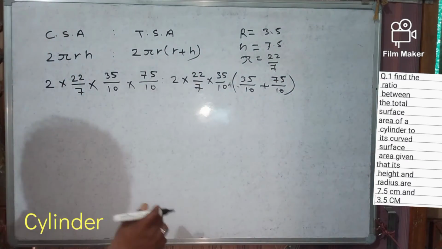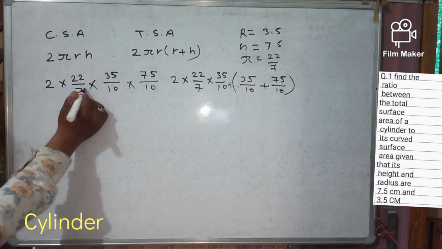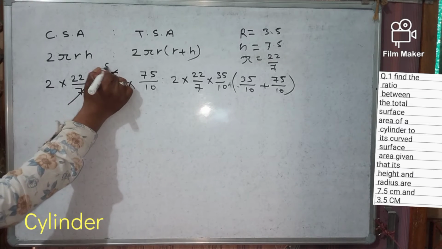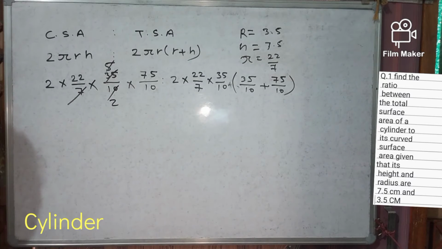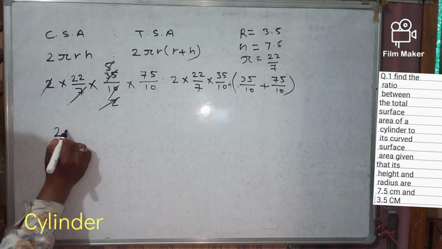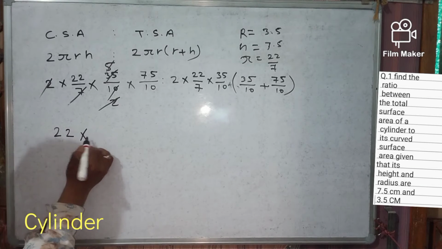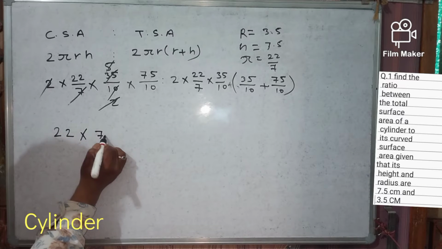Radius plus height, right? So now see here, 7 fives are 35, and 5 twos are 10, and 2 cancel. So 22 into 7.5.